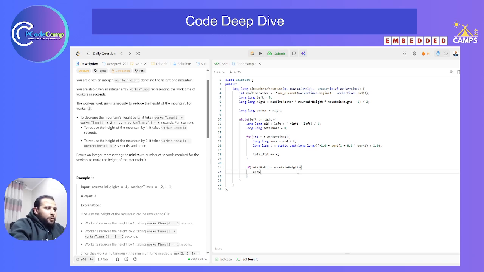So the answer here will be mid, and right will be mid minus one. Otherwise, I will try a larger time, so I will move left to mid plus one, and after that I will return the answer.